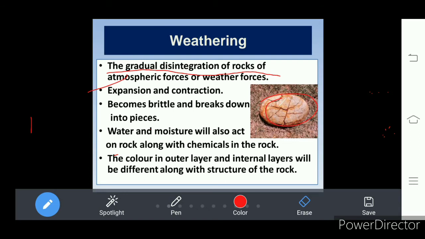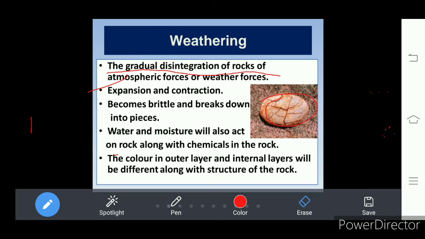And with the chemicals present in the rock, with the expansion and contraction, they break up into many pieces, where water moisture also acts on it. Okay, so when the rock is exposed to the water and wind, the outer layer of the rock is in a different color from the internal layers.